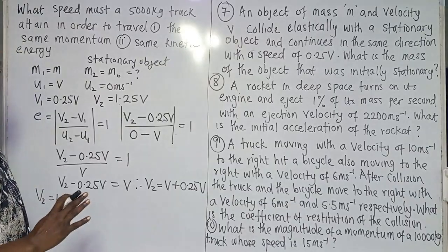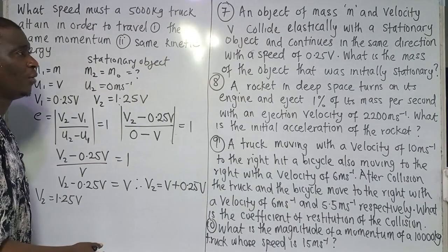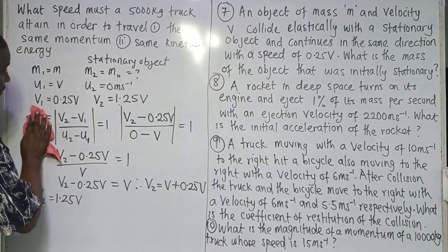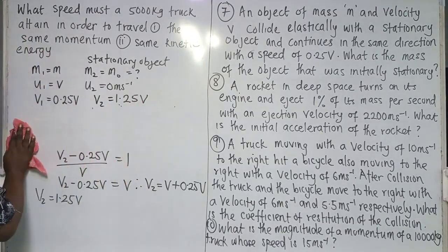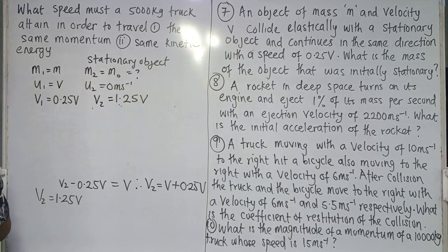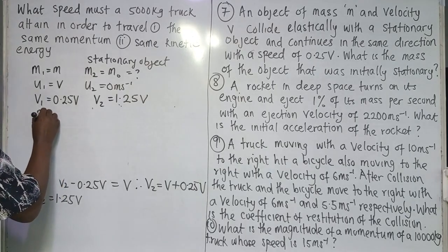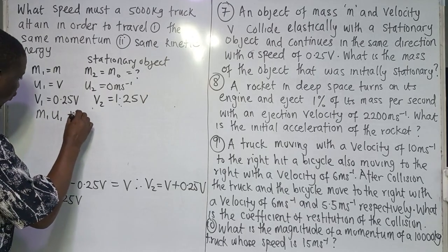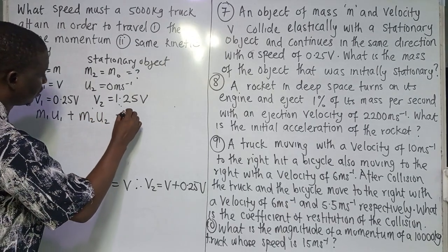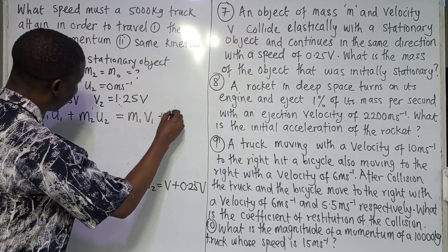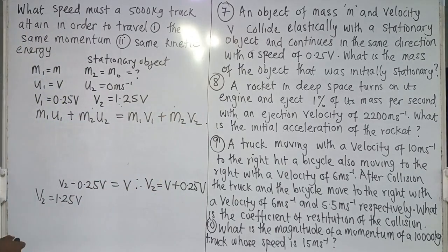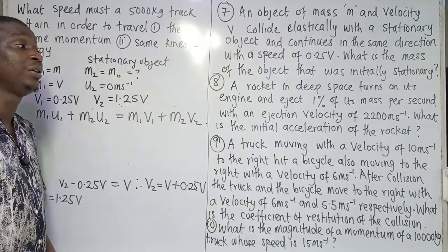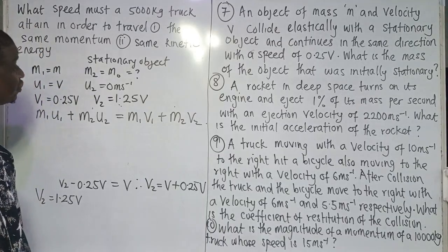Now what we're going to use is our formula for conservation of momentum. If we want to do that, we simply use M1 U1 plus M2 U2 equal to M1 V1 plus M2 V2. This is what we are going to use to calculate the mass of the stationary body.